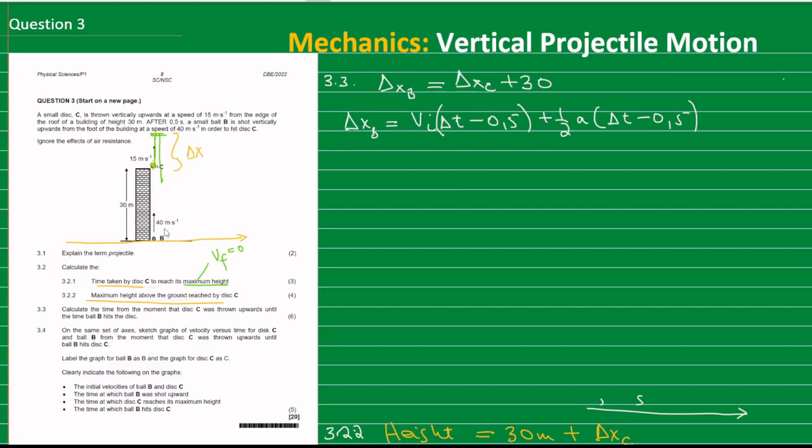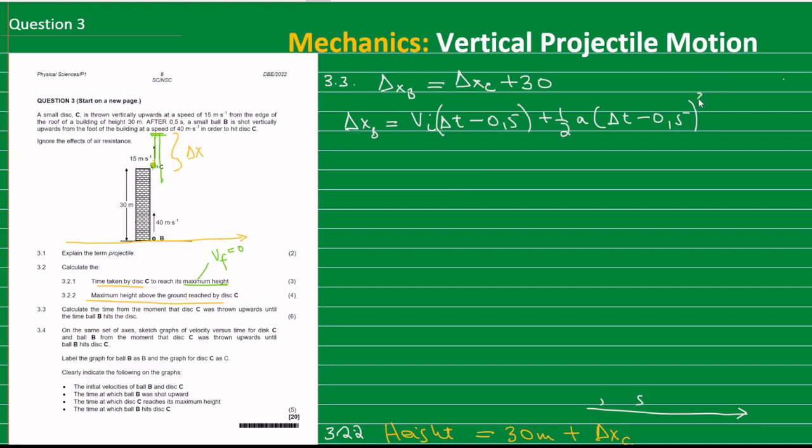So for it to hit disk C, it is going to take 0.5 seconds less, so from the time delta t for C, we subtract that.